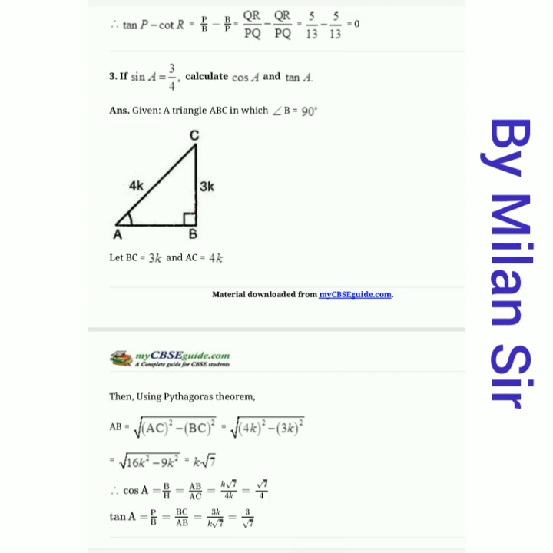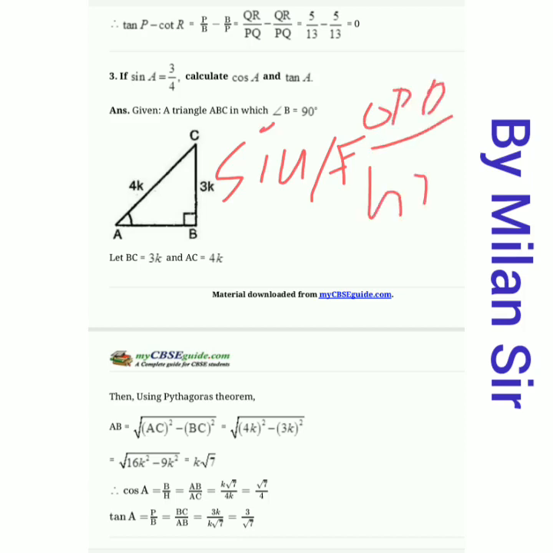So the formula of sine A, again I'm writing this, is opposite upon hypotenuse. In the numerator it is the opposite side, so opposite of A is BC, so I take BC equals 3k. And in the denominator is the hypotenuse, so hypotenuse AC equals 4k.